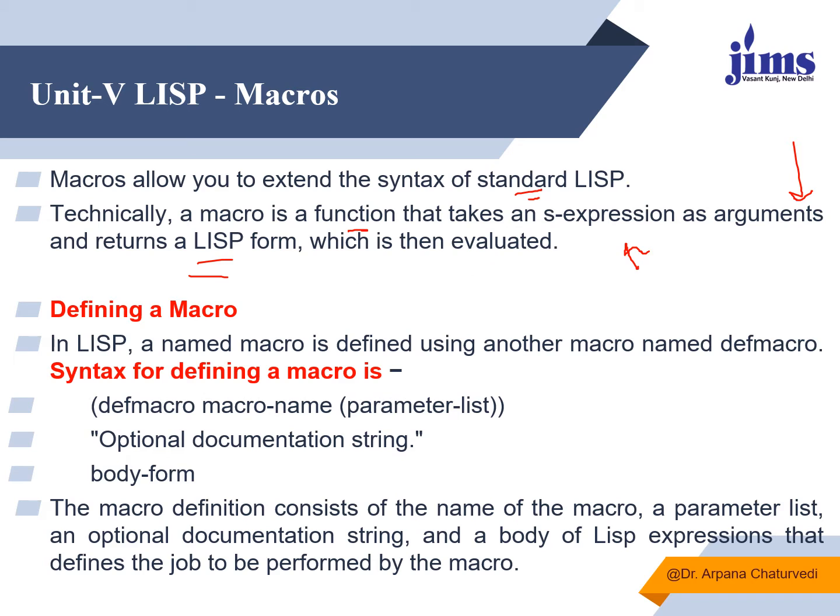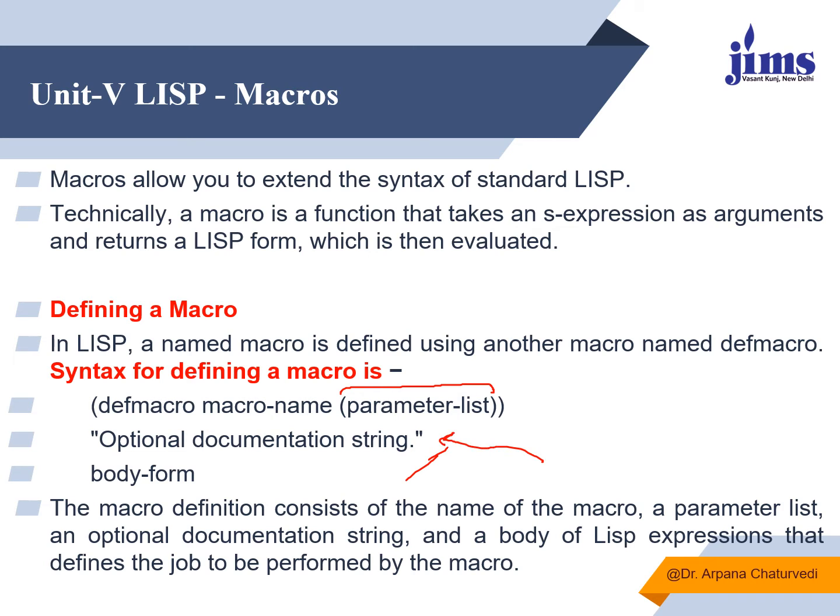So the syntax to declare a macro is, we have to start with defmacro, and then give the name of a macro as per the naming convention in Lisp, and you can pass the list of parameters over here. When you are passing, just check that this is a parenthesis which is opened and closed over here, and then there will be an optional documentation string.